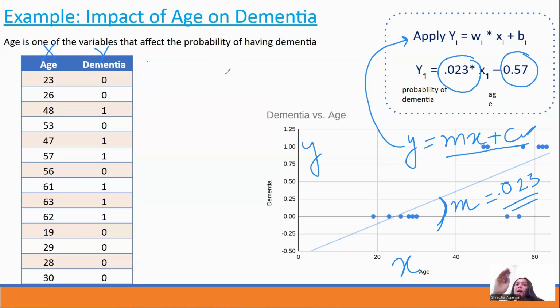Now, what is this bias, guys? This bias was the intercept that it is making here on this curve. This is your bias. So this is how the maths is operating inside a neuron.